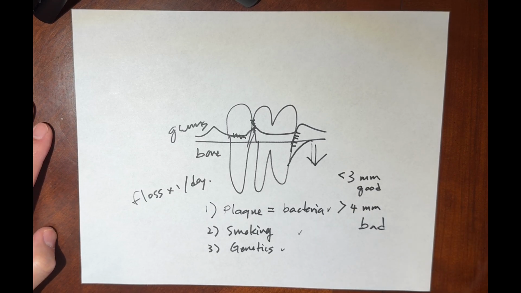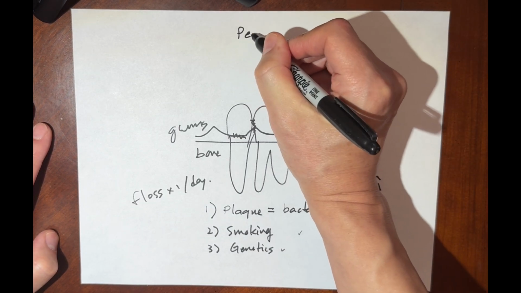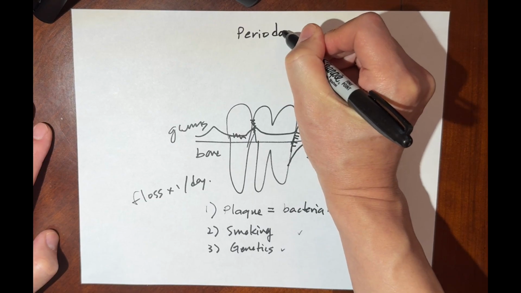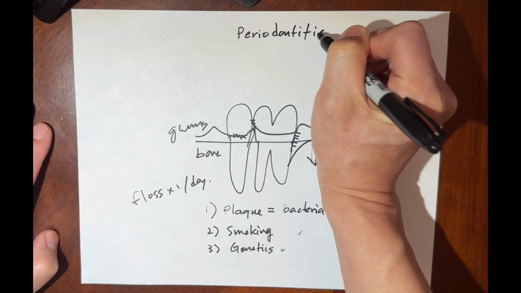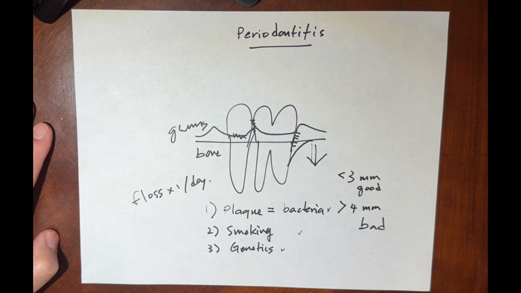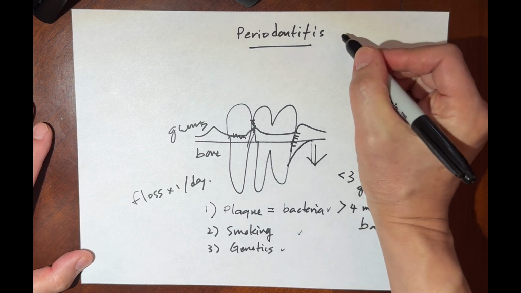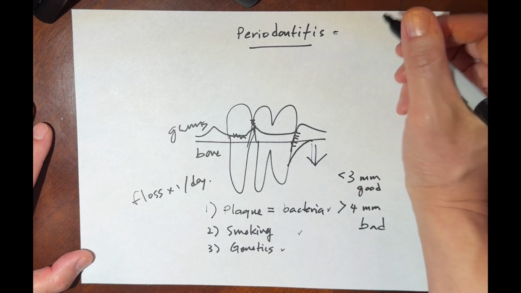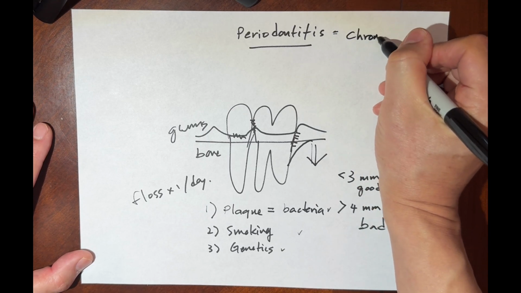Now, before we get there, first of all, let me tell you what you have. So the condition that you have is called periodontitis. It just means that you are losing the supporting structures of your teeth over time. And this periodontitis is what we call a chronic disease.